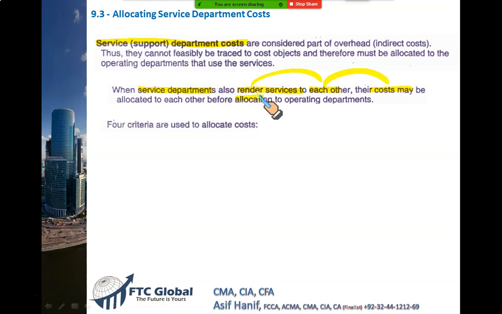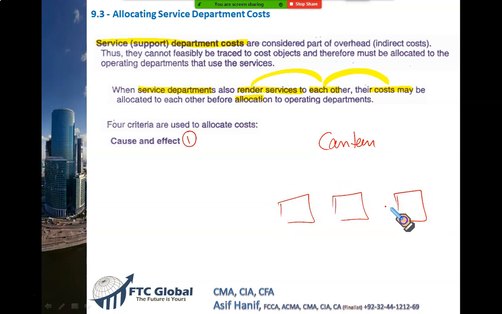Remember, there are 4 criteria. This is the best one, cause and effect. We should try to find the cause and effect. For example, for canteen, let's say we have 3 production departments: production department 1, production department 2, production department 3. Let's say the canteen department has a total cost of $100,000.